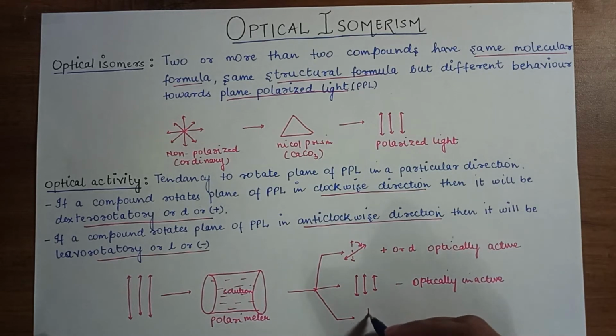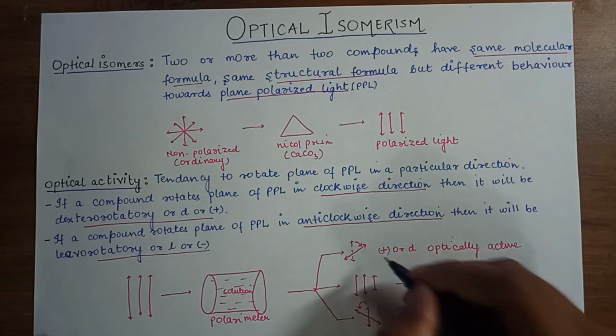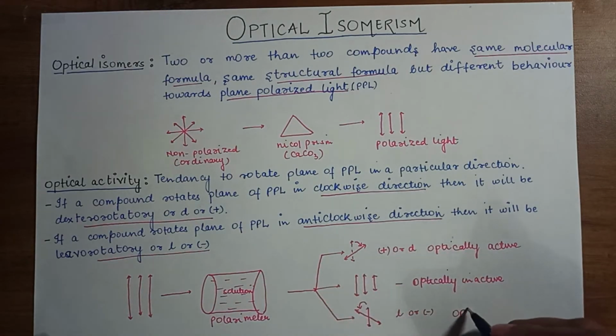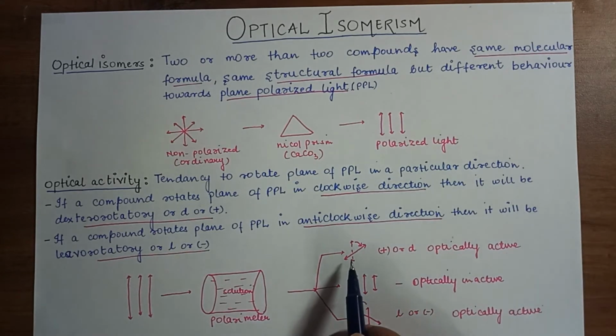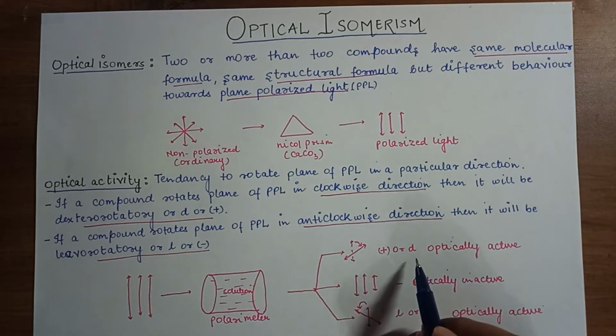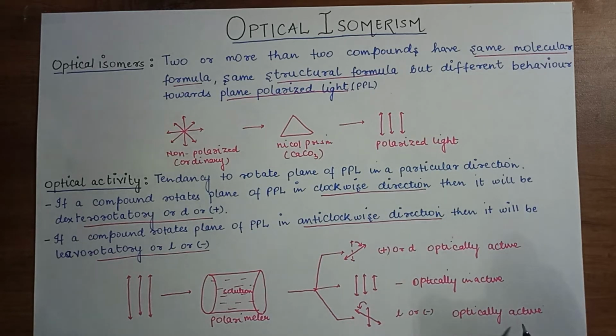If it is rotated anti-clockwise, then it is shown by small l or minus. This is levorotatory, and again the compound will be optically active. So if it rotates clockwise, it is optically active and shown by plus or small d. If it rotates anti-clockwise, it is shown by l or minus, and it is optically active. If the direction is not rotated in any way, then it will be optically inactive.